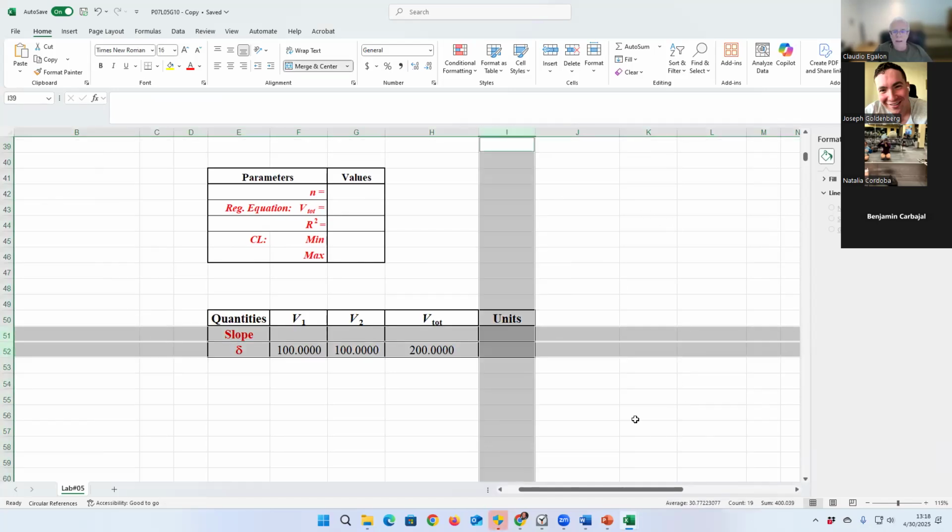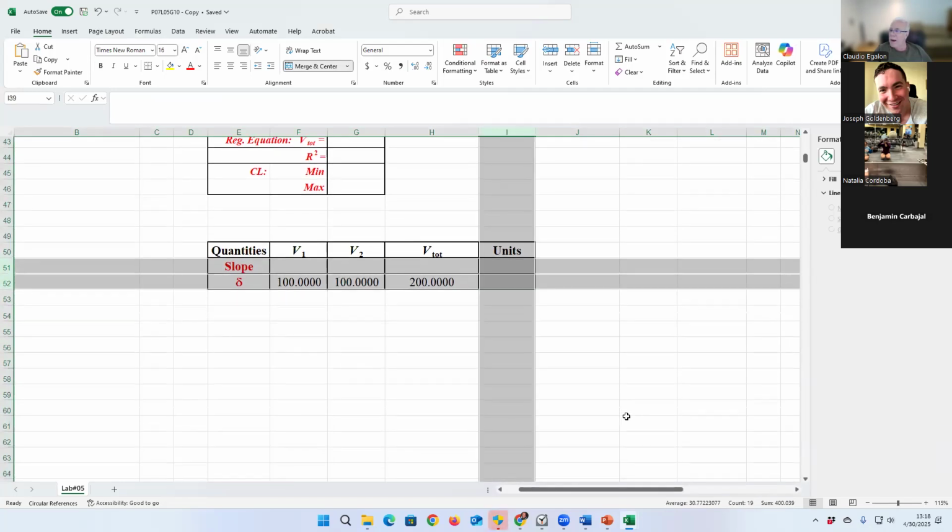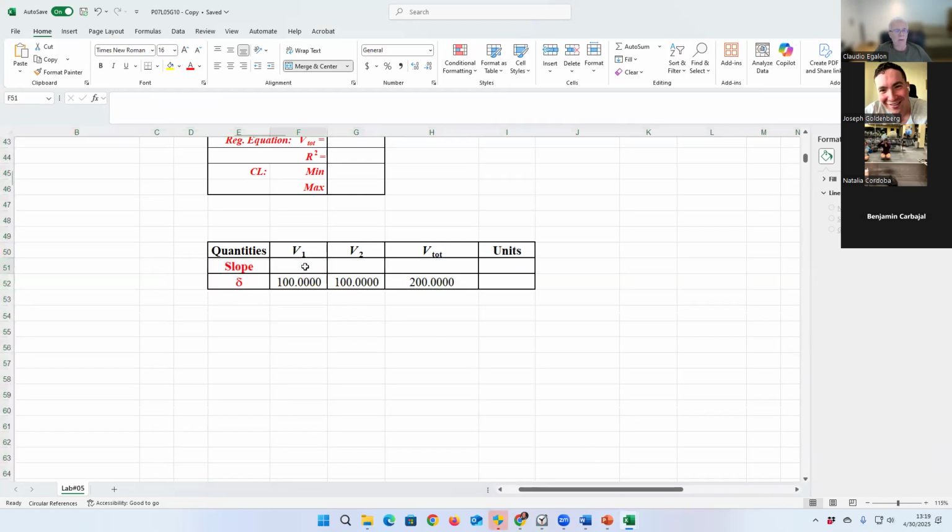And here's the numeric value of the slope. Okay, good.